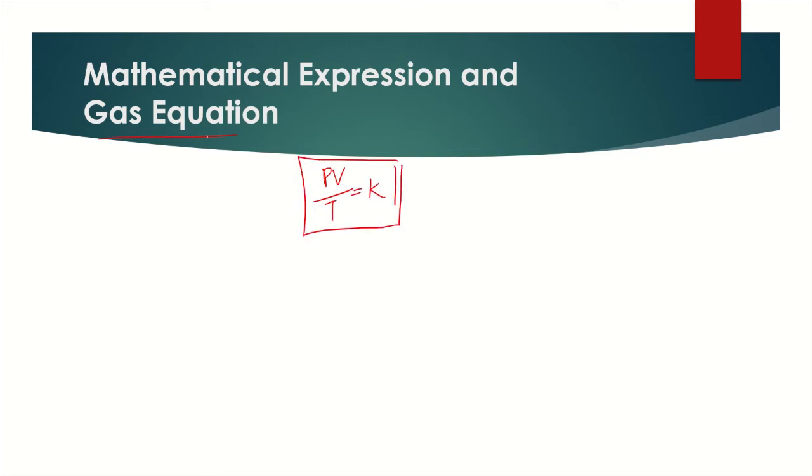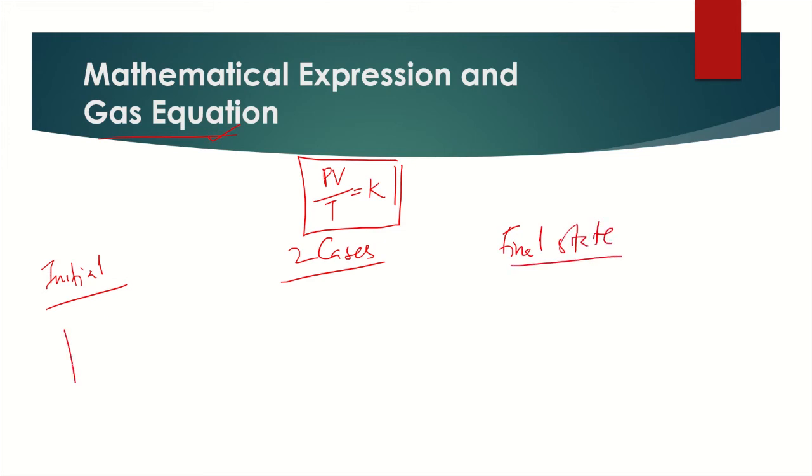So to derive the gas equation, let us consider again 2 cases: initial state and then final state. Let us consider we have a gas inside a container, and the volume, let's take it as V1, pressure of the gas as P1, and also the temperature as T1.